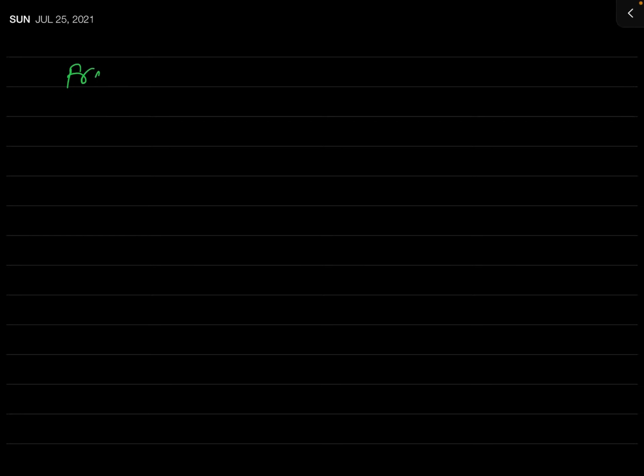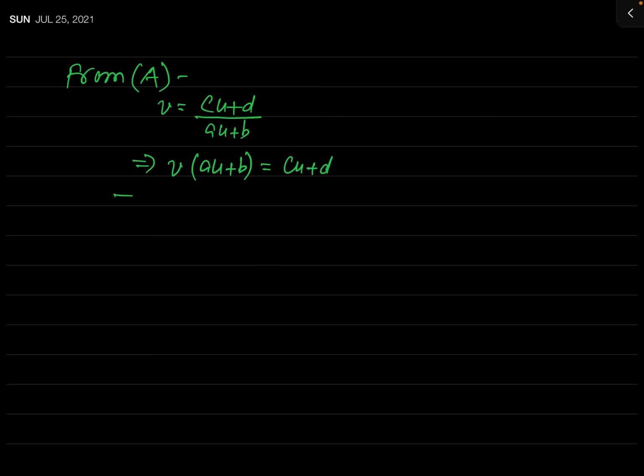According to equation A, this V is equal to Cu plus D over Au plus B. And you can write it V into Au plus B equal to Cu plus D. And equivalently, you may write V times Au plus B minus Cu minus D equal to 0.